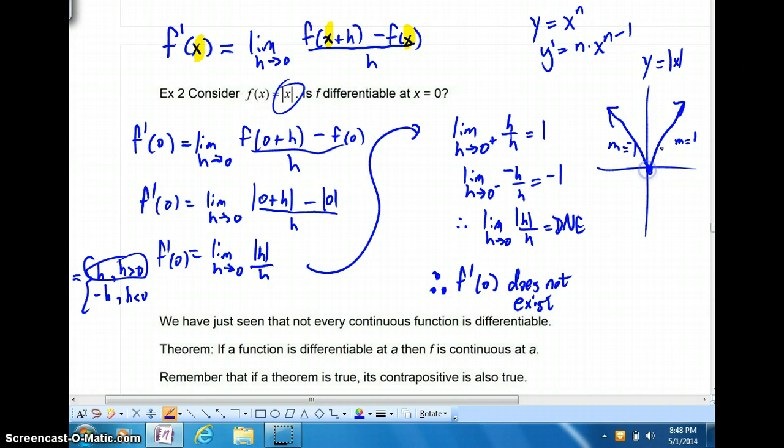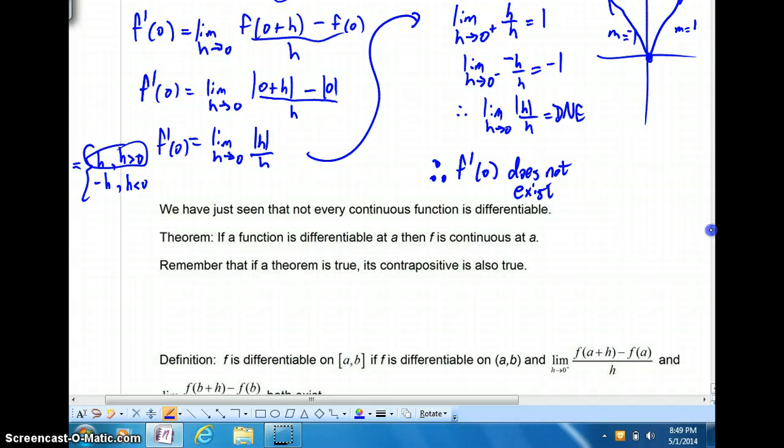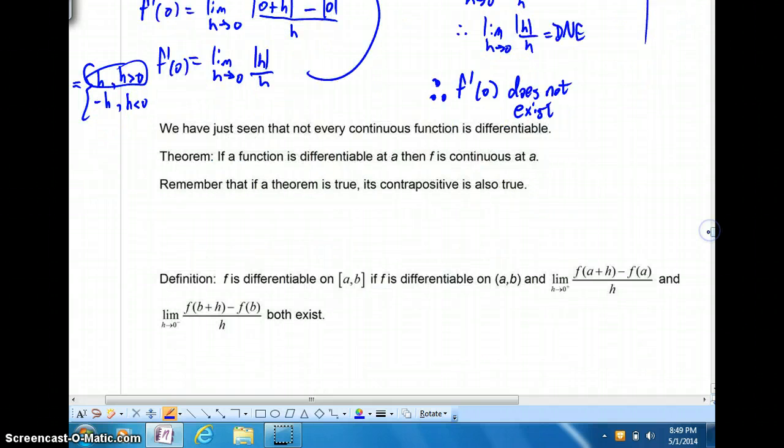At 0, obviously, you're at a corner, and your tangent line slopes would be different values. So it's very possible for a derivative not to exist, mainly because we have a corner, not necessarily because the limit is approaching infinity or because we have a vertical line, as we've seen in the past.